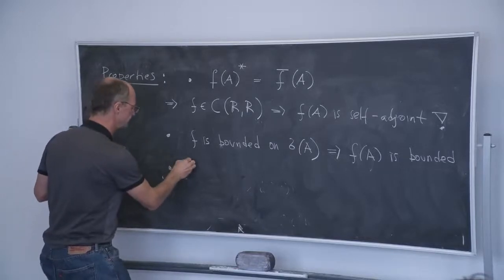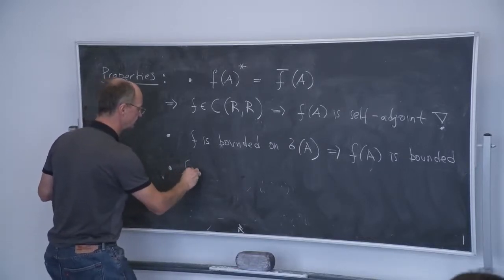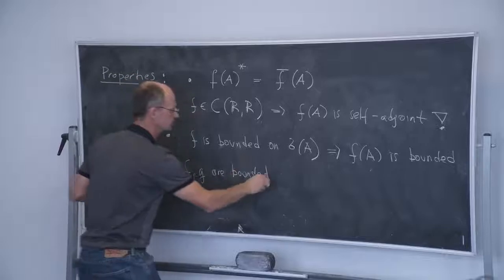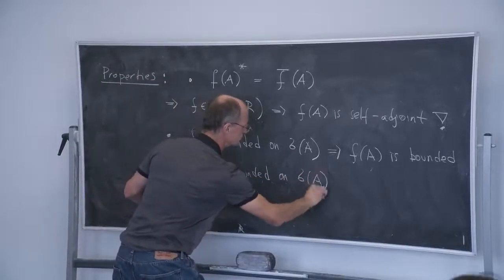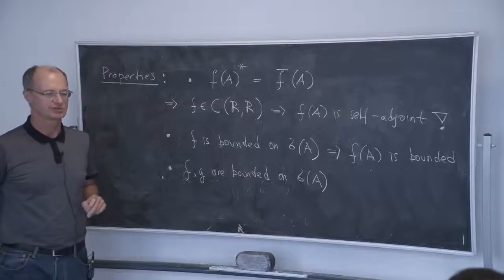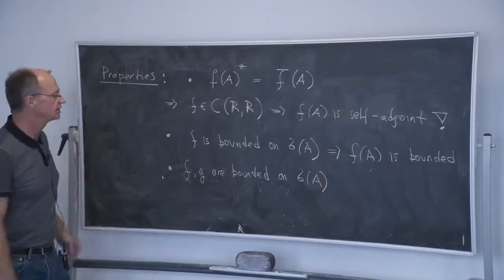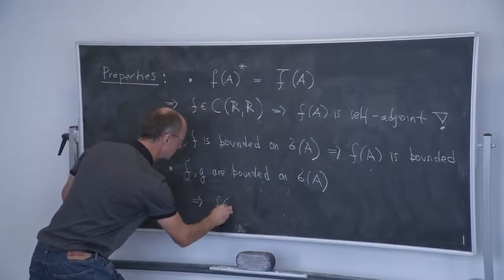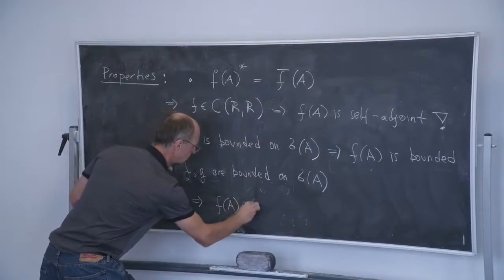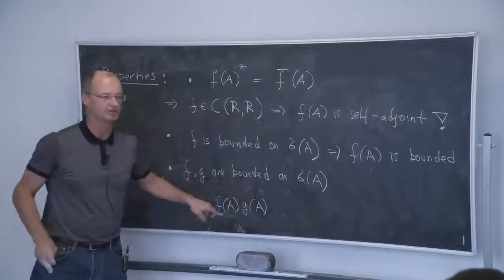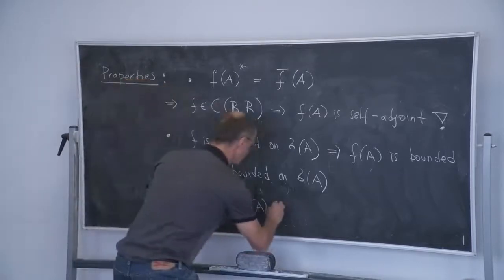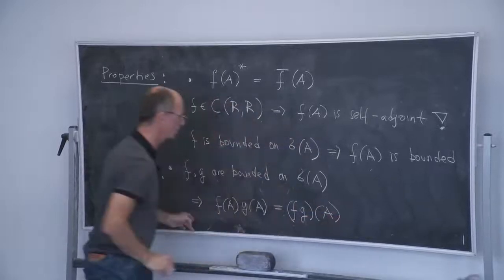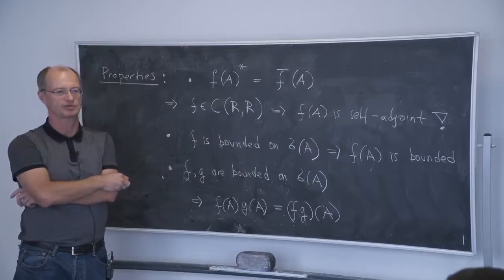And finally, suppose that f and g are bounded on sigma of A, so two functions which are bounded on sigma of A. So then the product of bounded operators f of A and g of A is the bounded operator which corresponds to the product of functions.